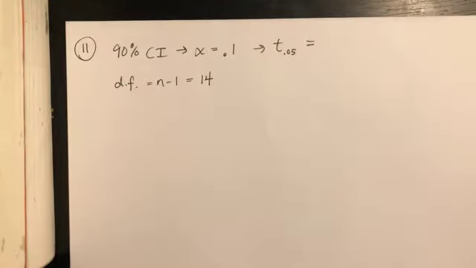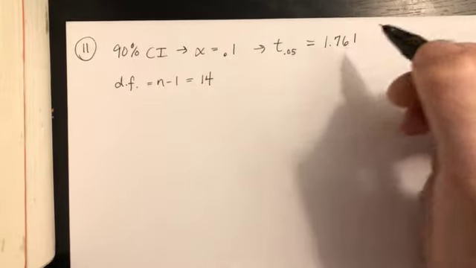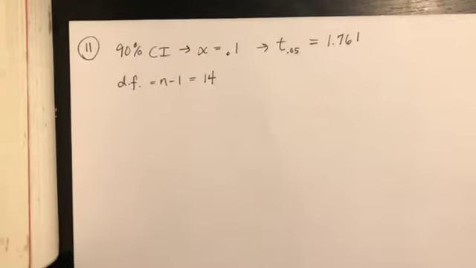All right, so now we can look it up. 14 degrees of freedom, and I have an alpha of 0.1 on a two-tailed test. 14 degrees, 1.761. You want to see that one more time?